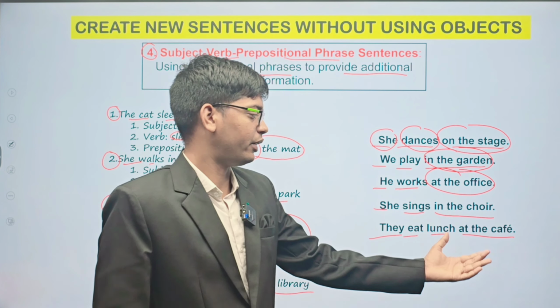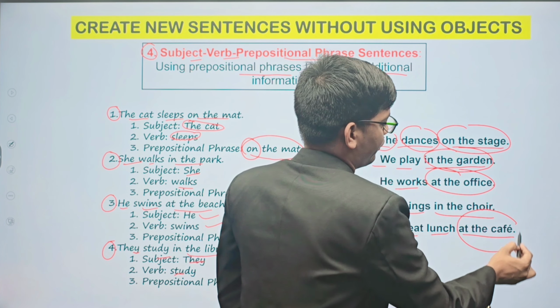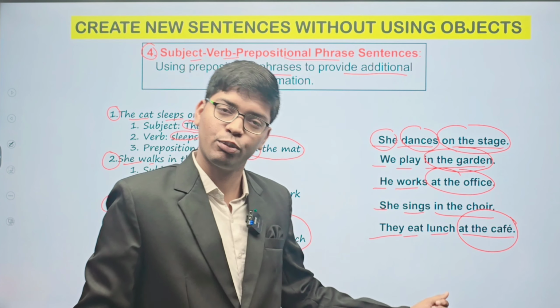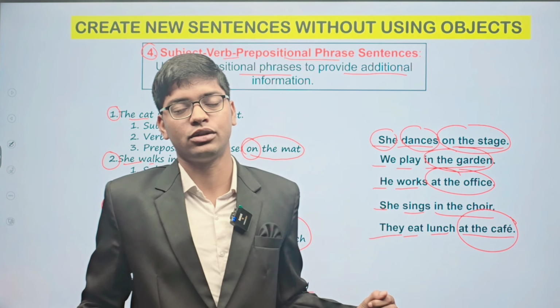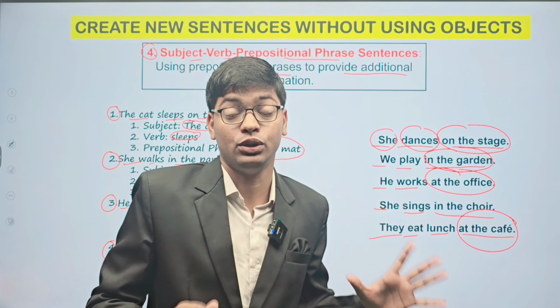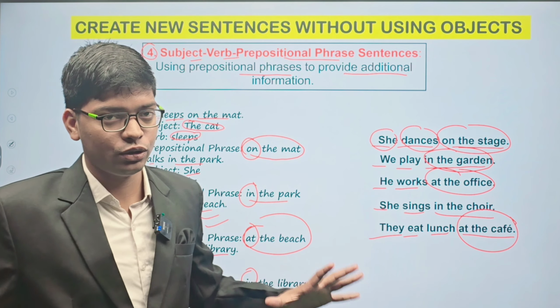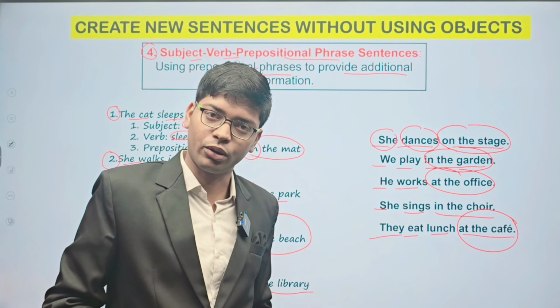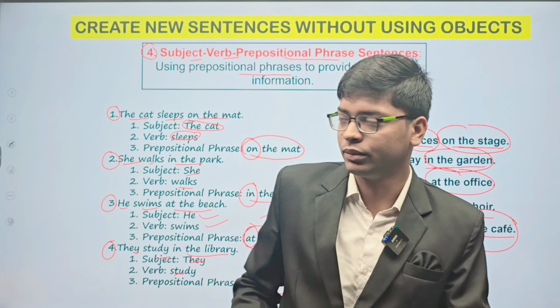At the cafe is a prepositional phrase, because at is a preposition. I hope you understand how to create new English sentences without using an object, through subject, verb and prepositional phrase. Okay, so let's move to our next way.